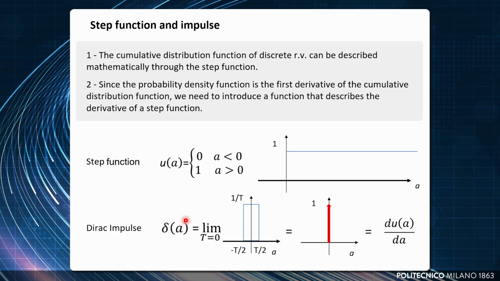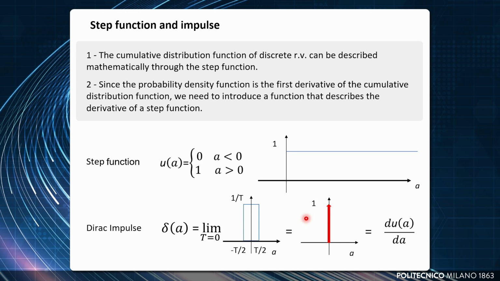And so this delta function, this very strange function, is represented with the symbol of this arrow here, where the height of the arrow, 1, indicates not the amplitude, which is infinity, but the area of the function.